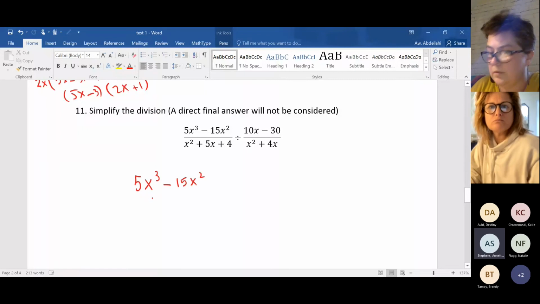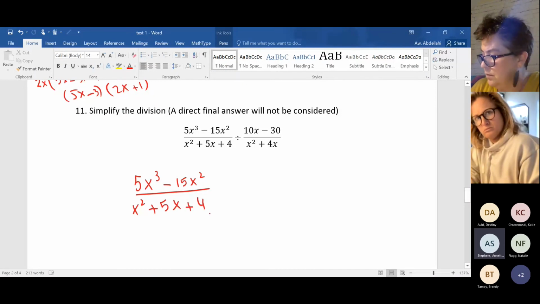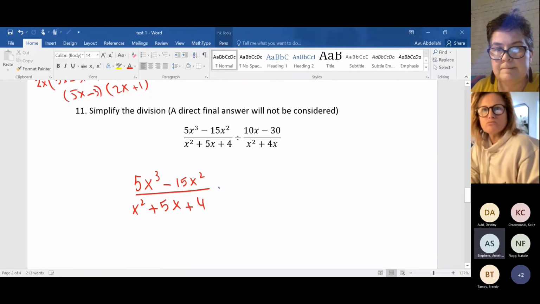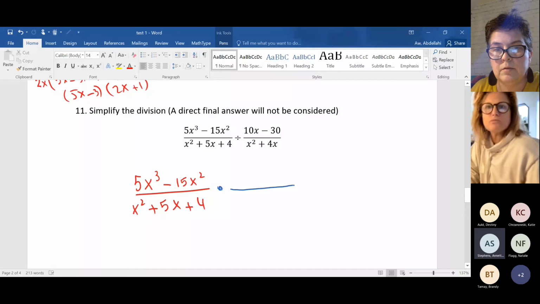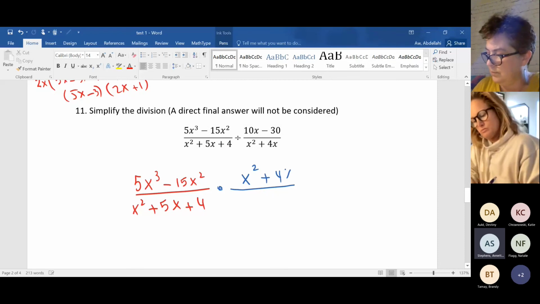Remember that it's very important at first to write your division as a multiplication. And when you do so, what are you going to do to the next fraction, the second one? You flip it over. Thank you.